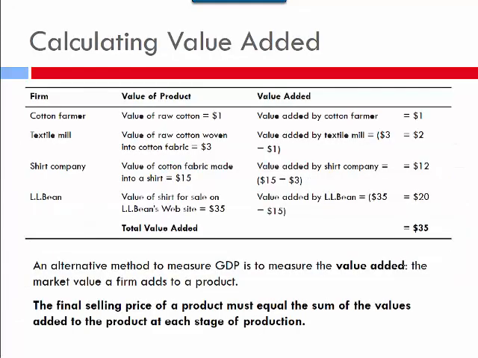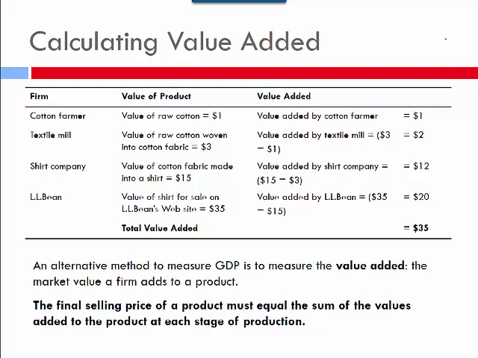Another way that people calculate GDP is value added, and you'll see this more in like in Europe and that kind of stuff. But I just kind of wanted to briefly explain what this is. So this is a shirt, okay?